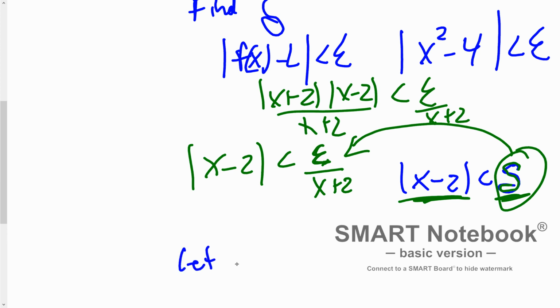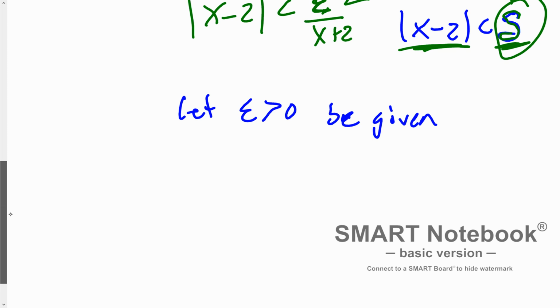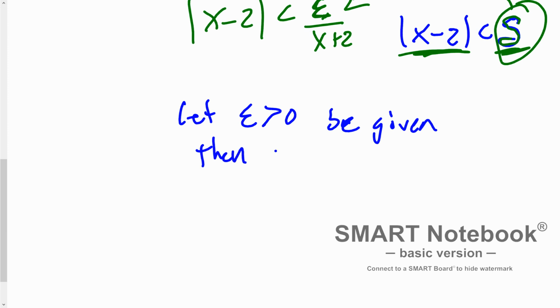We always start this way: let epsilon greater than 0 be given. Then choose delta equal to, what do we want delta equal to? Epsilon over x plus 2.